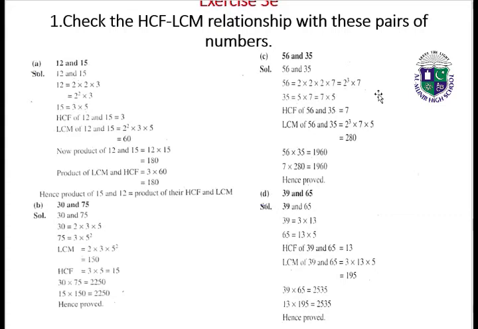Highest common factor of 56 and 35 equals 7, and least common multiple of 56 and 35 equals 2 cubed multiplied by 7 multiplied by 5, which is 280. 56 multiplied by 35 equals 1960, and 7 multiplied by 280 equals 1960. Hence proved.